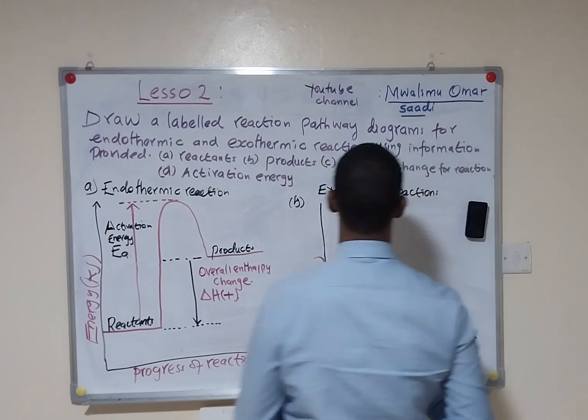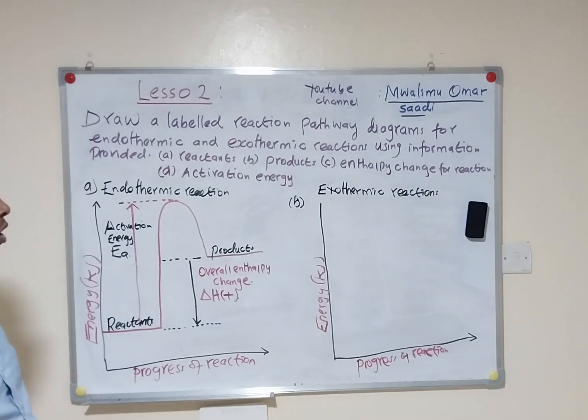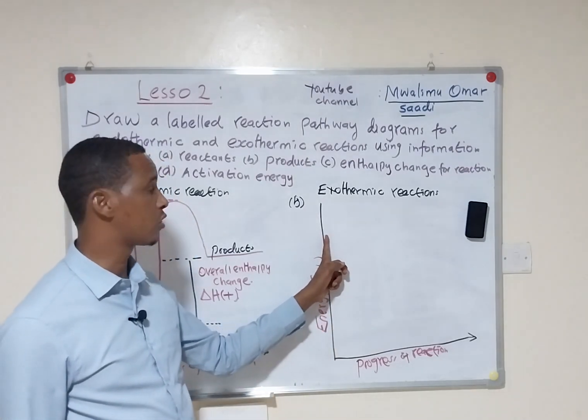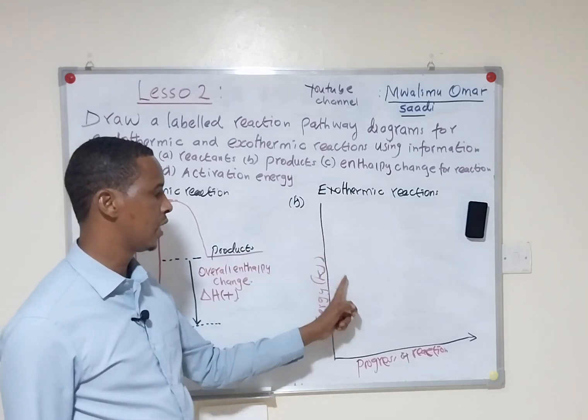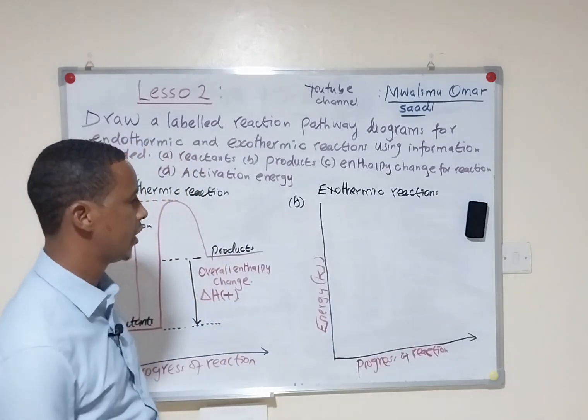For an exothermic reaction, the reactant and the product are also drawn horizontally, but this time around, the reactant is drawn on the top part of the energy level, and the product is shown on the lower part of the energy level.